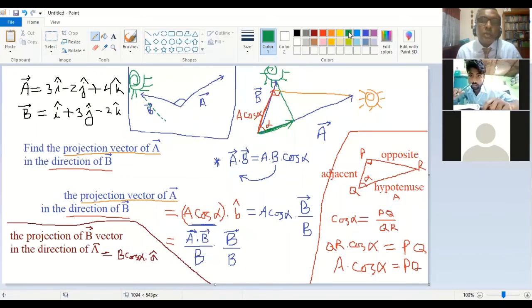Actually the shadow is on the A line, but it is on the opposite side of the A line. So that means it will be the projection, and the direction is this.